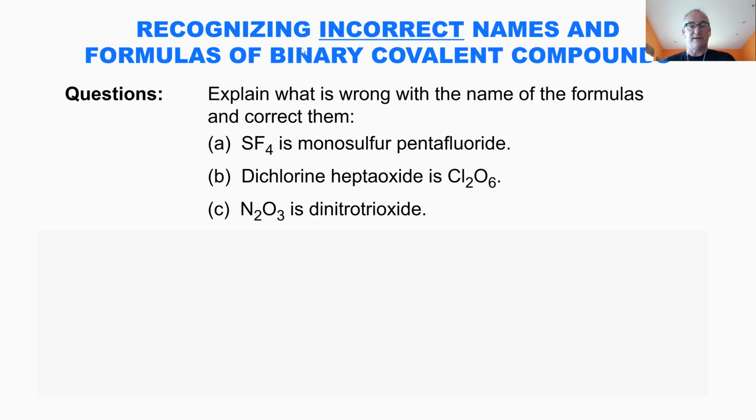What about the second one? Dichlorine heptoxide is Cl2O6. Hept. Hepta means 7, and there's only 6 oxygens, so it's supposed to be 6. Hexa. Yeah, that's right. That's one problem.